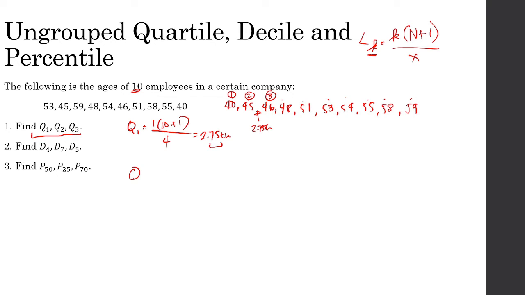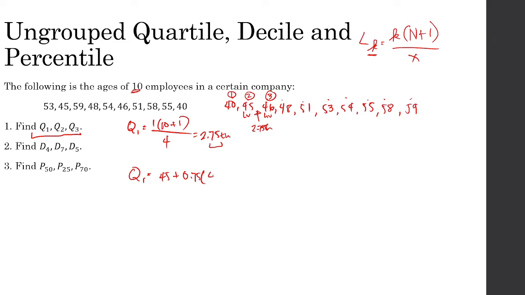So meaning to say, our Q1 there will be our LV, or lower value, and this will be our higher value. We get the lower value, which is 45. Then we just need to add to that 0.75. Why 0.75? We only took the fractional part because we already took the 2. This is our 2, the 45.